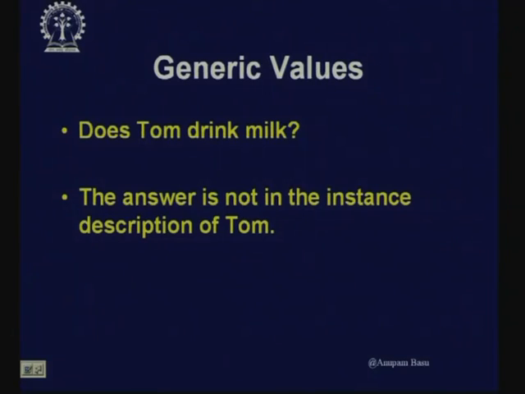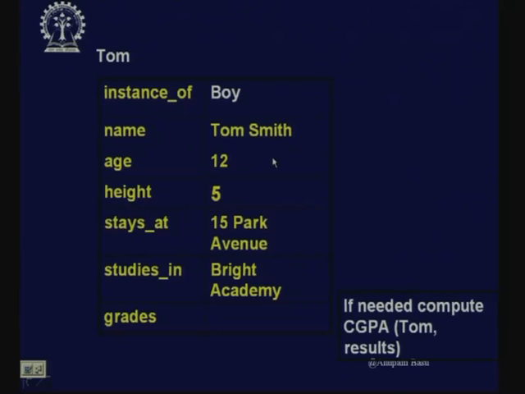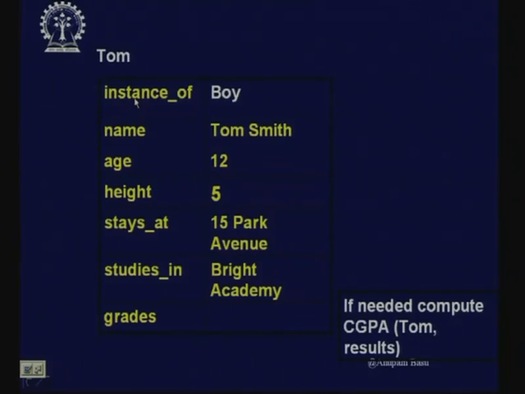Unfortunately, in the description of boy that we had shown, there was no such attribute. So, we go up and we find that boy is maybe a human being, and human beings drink milk because they are mammals. All human beings drink milk because they are mammals.